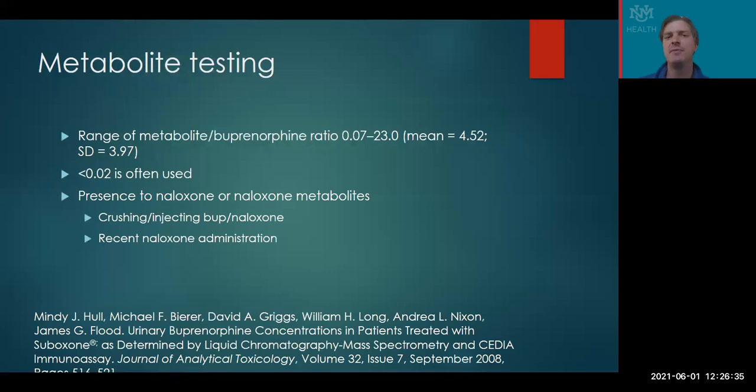Looking for the presence of the metabolite indicates that the person has ingested it and the body has metabolized it, i.e. that they're not able to just cut a little corner of the buprenorphine strip off and put it into their urine to try to fool the drug screen.